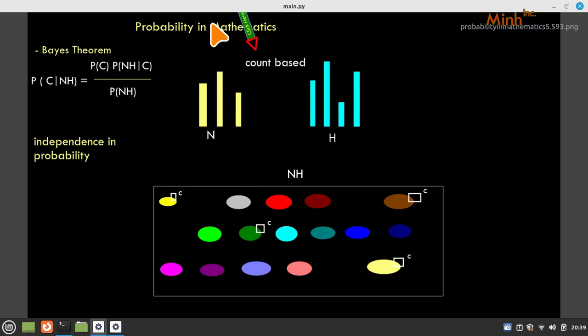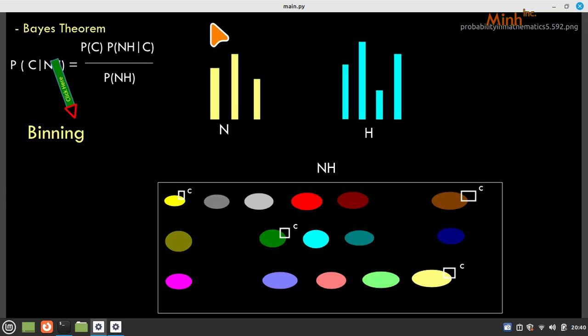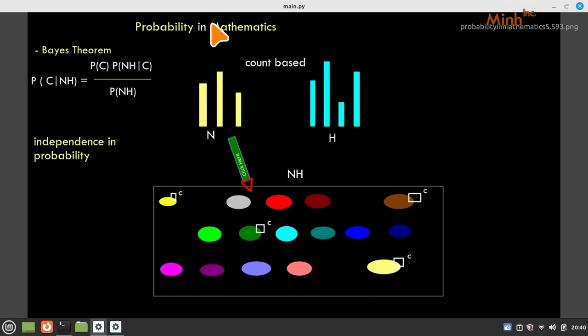The next probability is count based, or even if we bin it, we can call it independence in probability. One was binning it and directly jumping to the number of items in the sample space.